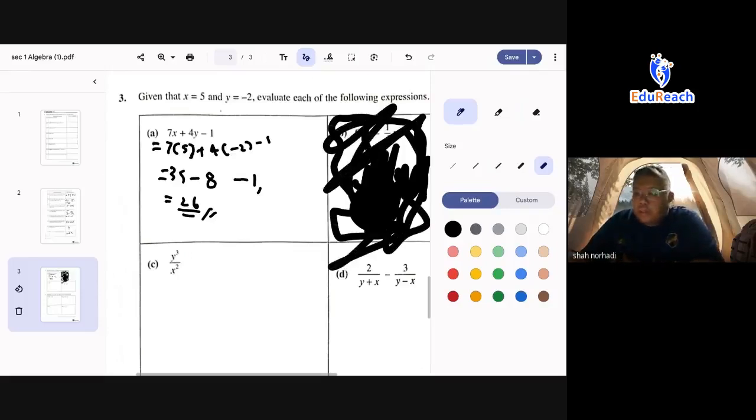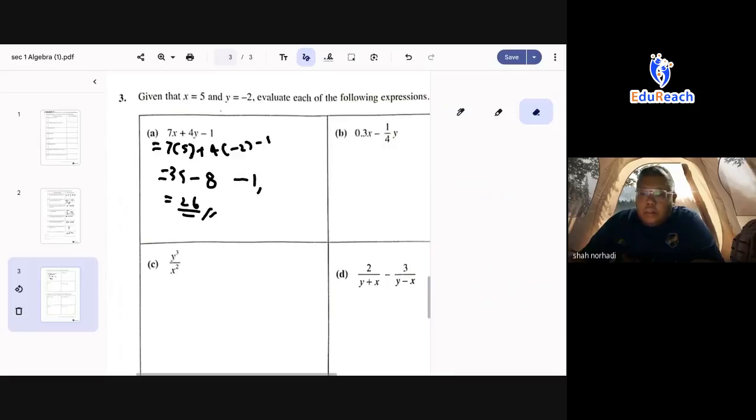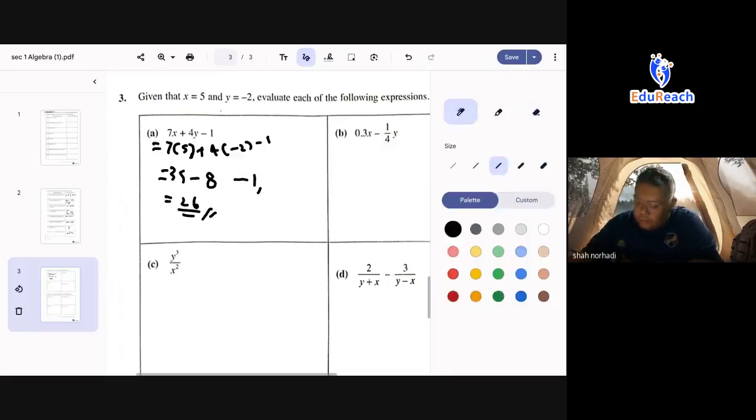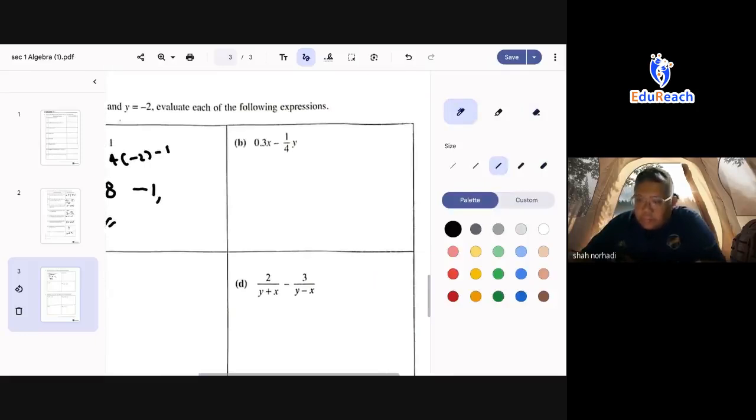Okay, so do the same thing now. 0.3 bracket 5 minus 1/4 bracket minus 2. Yes.